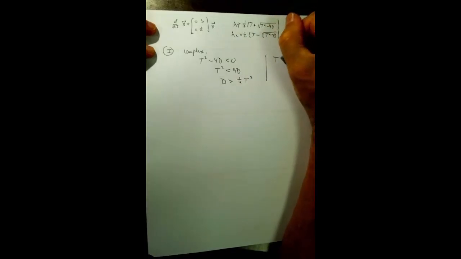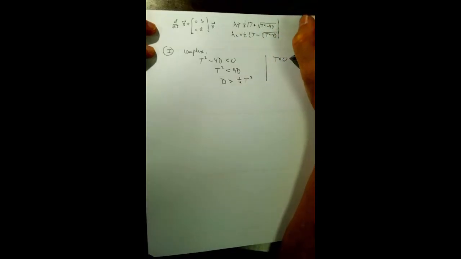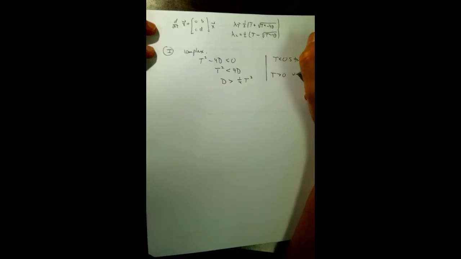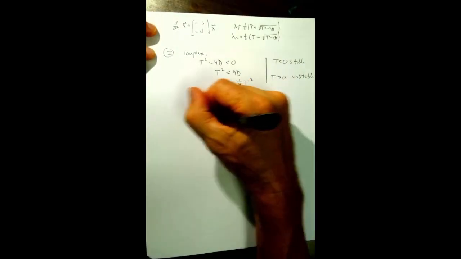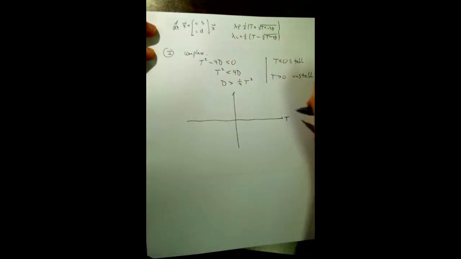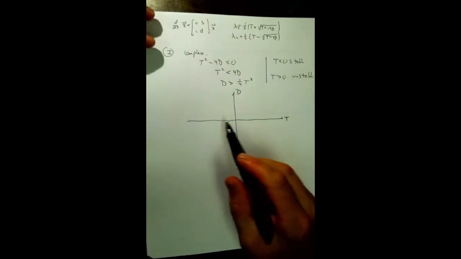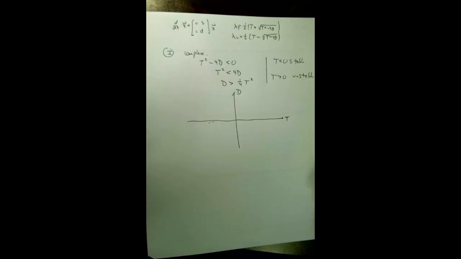And I know that if T is negative, it's stable, and if T is positive, it's unstable. And I just said before, I'm going to look at what happens for given T and D. I can think of those as two different numbers, so it's like a horizontal and a vertical axis.